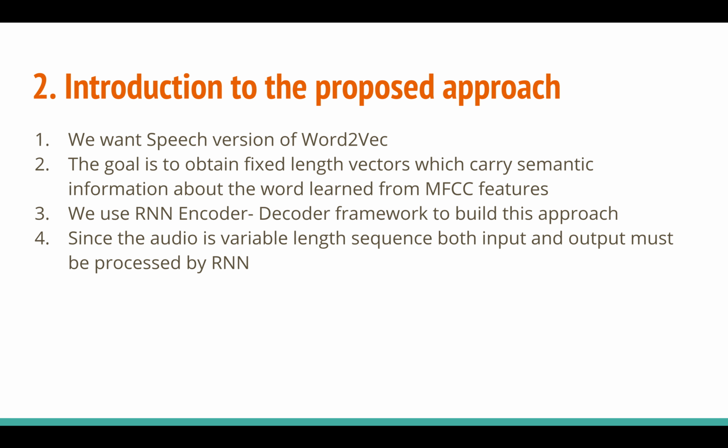Like for example, we feed one input word and try to predict the context words, right? So just like that, in this paper we want to feed a speech input which is a word, and we try to predict the contextual words which are also speech segments.